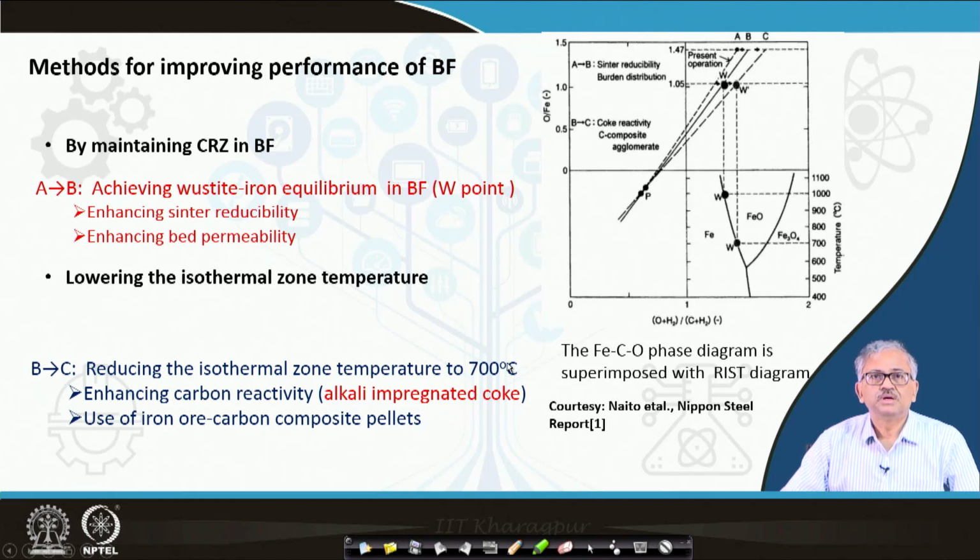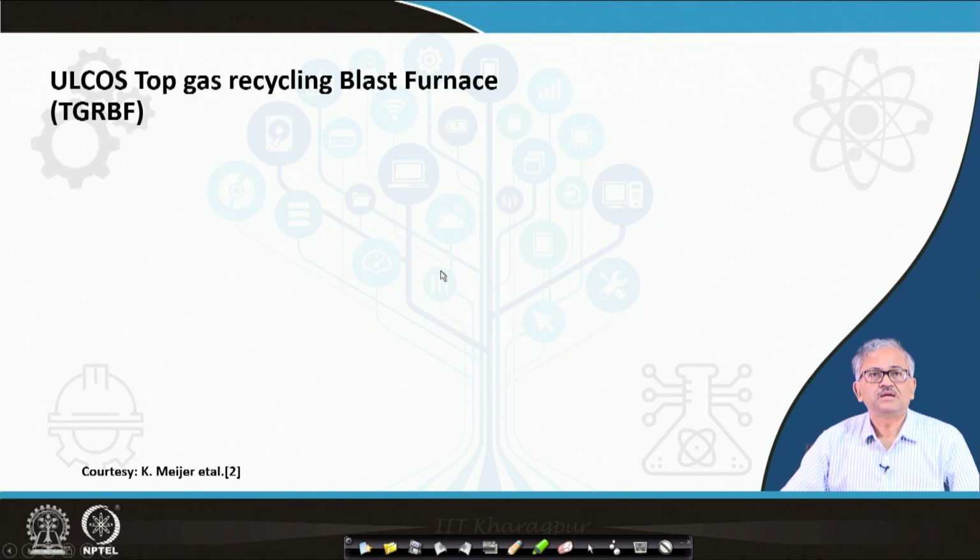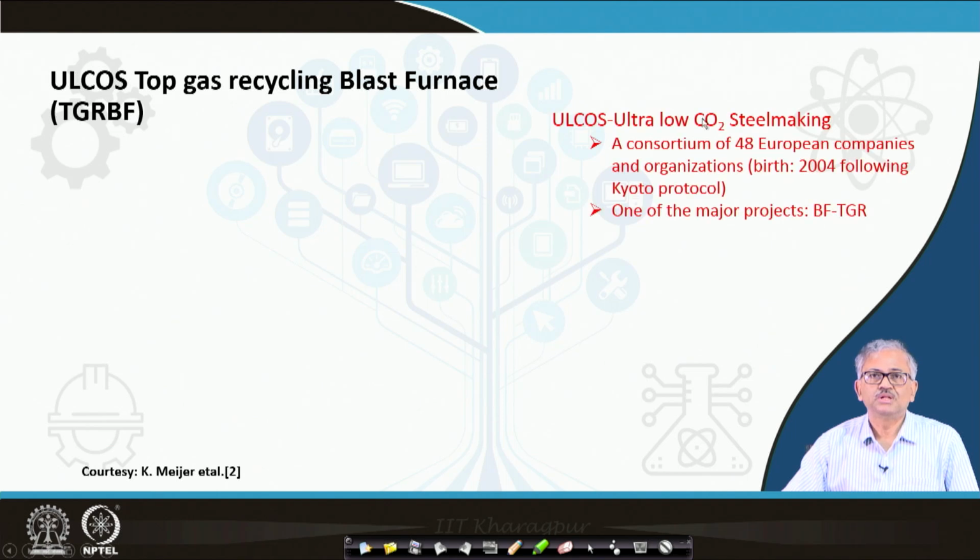Okay. Second thing is that I will discuss the top gas recycling blast furnace. Basically, it came after the Kyoto Protocol, from the climate summit that took place in Kyoto in Japan, where they fixed a limit on CO2 emission. And from that ULCOS was generated.